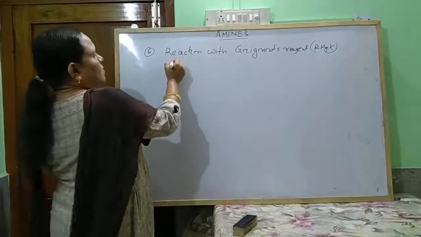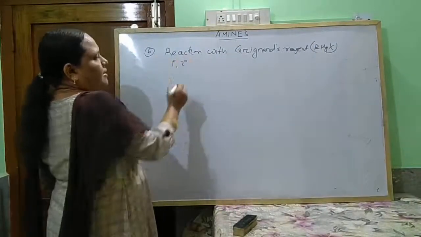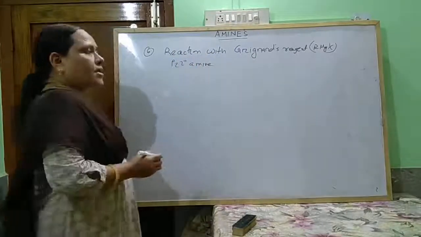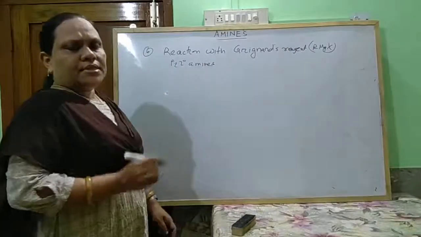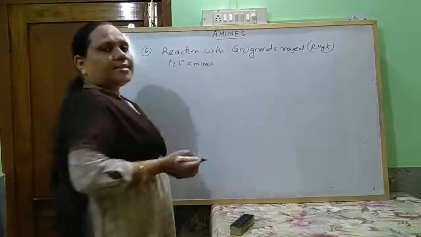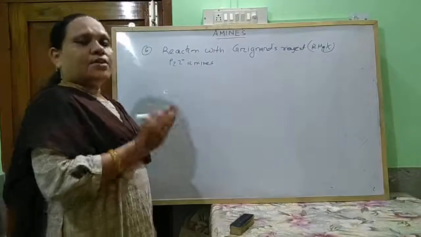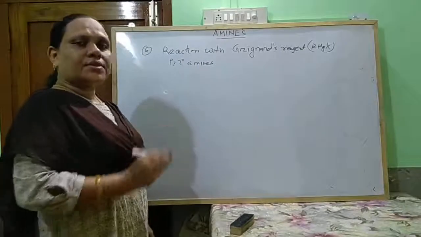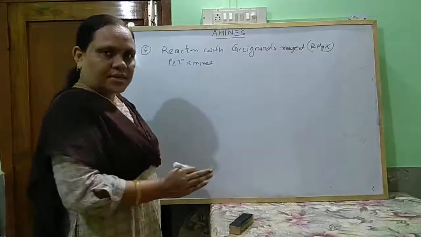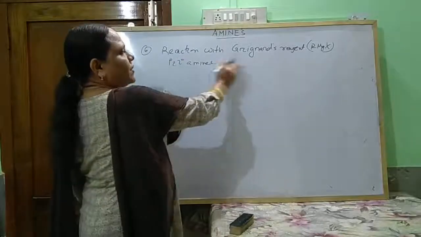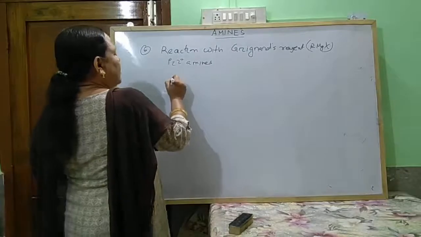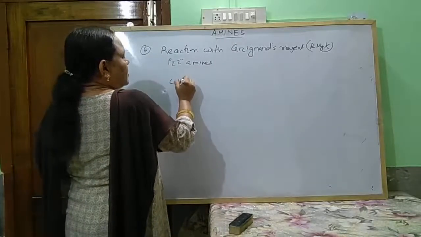This reaction is also given by primary and secondary amines. Primary and secondary amines which have active hydrogen atoms react with Grignard's reagent to form alkane. Tertiary amine does not contain a hydrogen atom on the nitrogen atom, hence it does not react with Grignard's reagent to form alkane. So look at the equation.